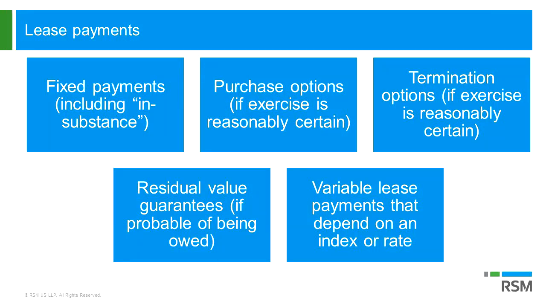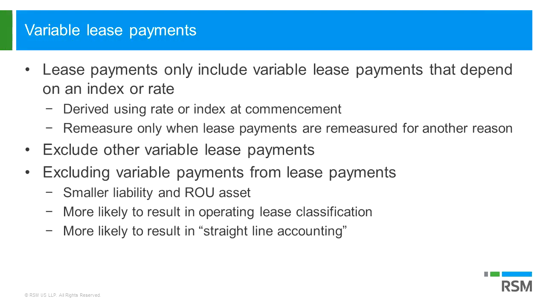Is there a purchase option that the lease is reasonably certain to exercise? If so, that needs to be included in the lease payments. Variable lease payments. Lease payments, once again, only include variable lease payments that depend on an index or rate, derived using a rate or index at commencement, remeasured only when lease payments are remeasured for another reason.